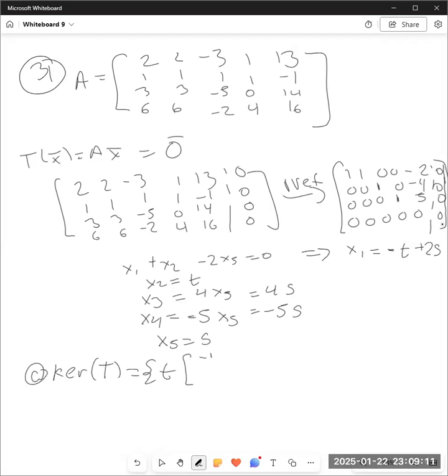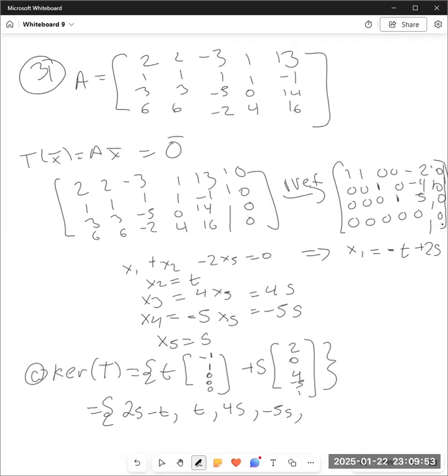So (-1, 1, 0, 0, 0), plus s times (2, 0, 4, -5, 1), which makes this equal to (2s - t, t, 4s, -5s, s), such that s and t are real numbers.